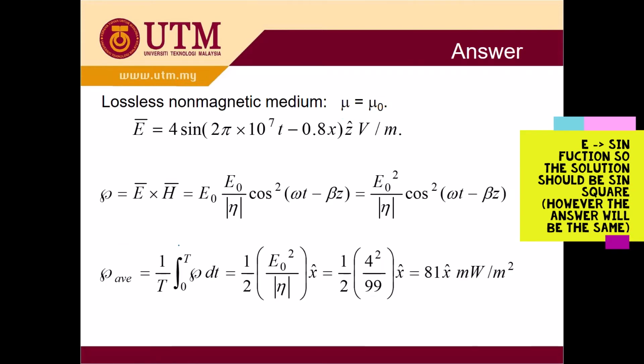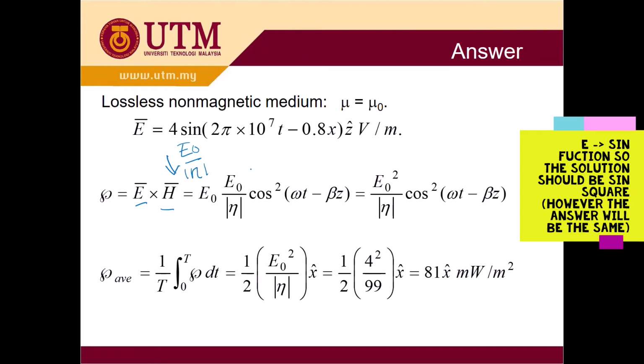Next, the Poynting vector is equal to E cross H. The expression of E is E naught, and the magnitude of H is E naught divided by the intrinsic impedance.